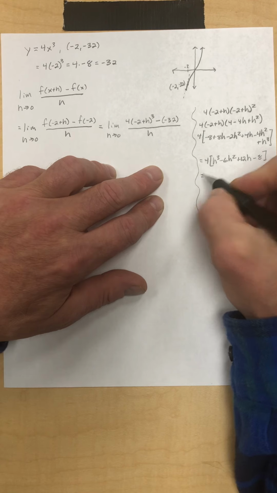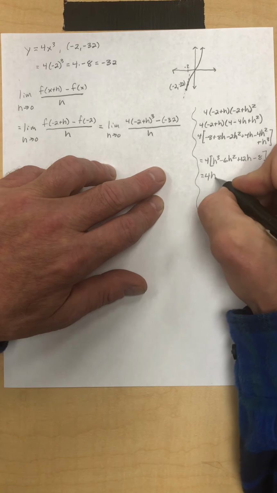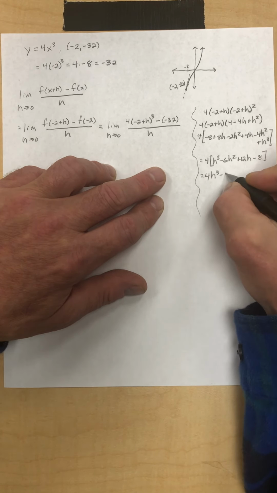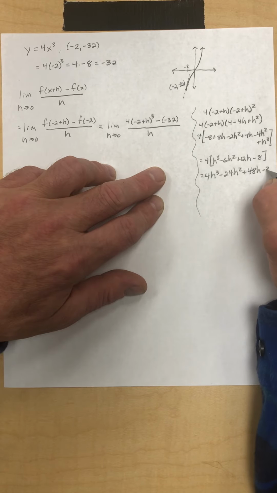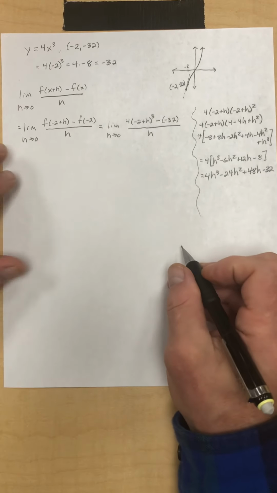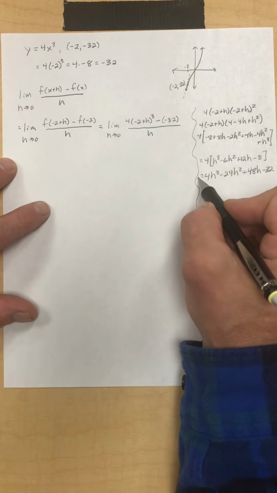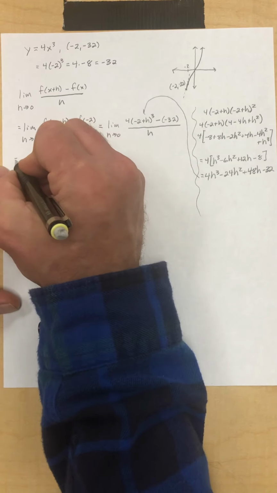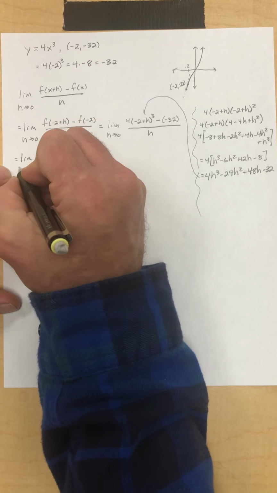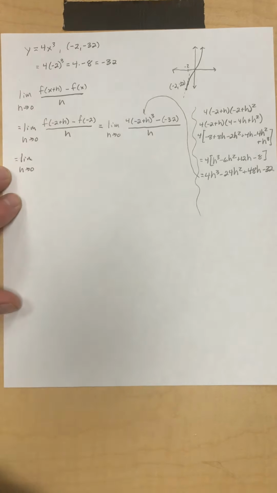And then we distribute the 4, so I'm going to get 4h cubed minus 24h squared plus 48h minus 32. So this guy right here goes in right here. I get the limit as h approaches 0.